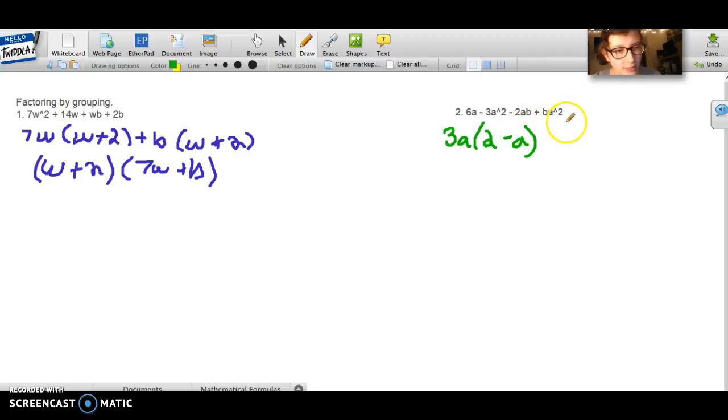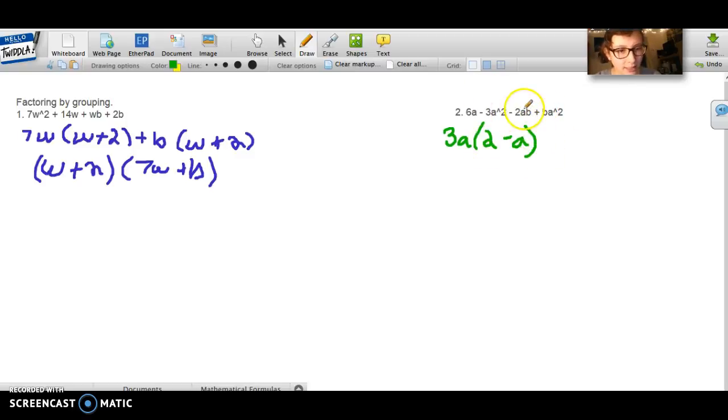And then for these second two terms, the highest we could take out of them is an a times a b, because this is an a squared, so that's 2a, so you can take 1a out, and they both have b's. We couldn't take a 2 out because there's no 2 in the second term, but we're going to take a negative out, because usually you don't want your first term to be negative, and also on the inside that'll give us 2 minus a, and you'll see that.